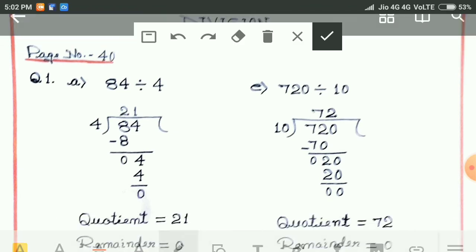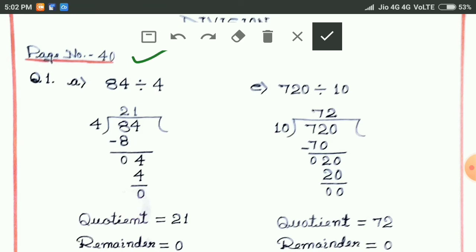This is page number 40. Questions of page number 40 of our book. Question number 1A is we have to divide 84 by 4. Simply we write like this and we start dividing. We have 4 and we have here 84. So we take 8 first.